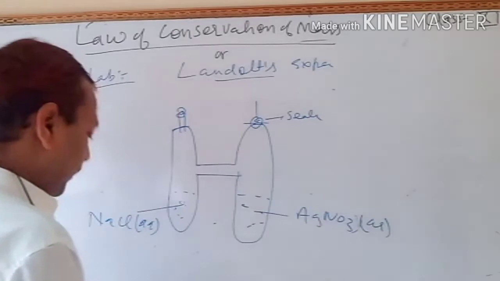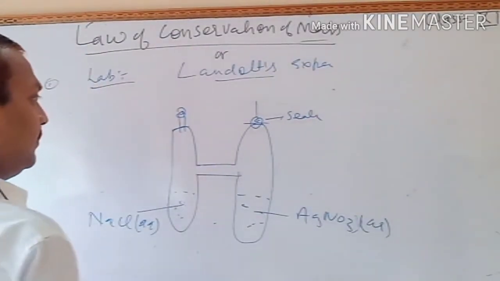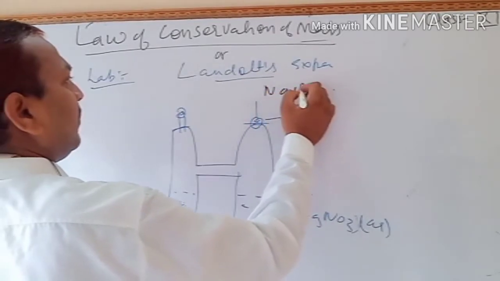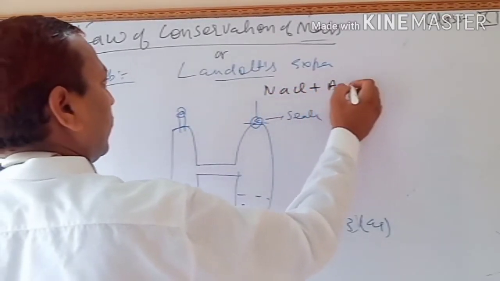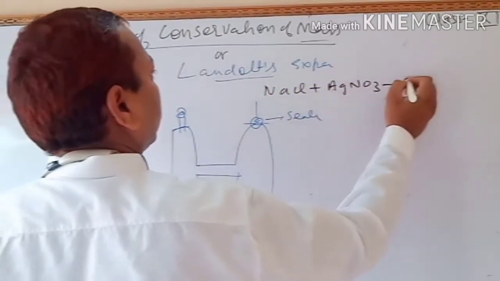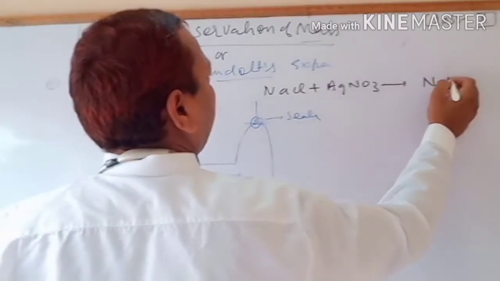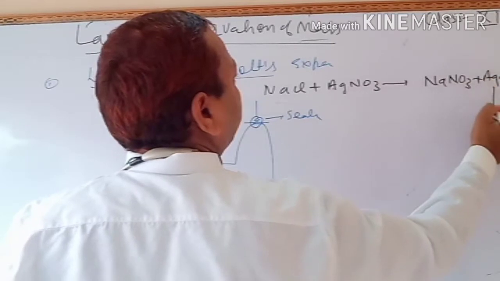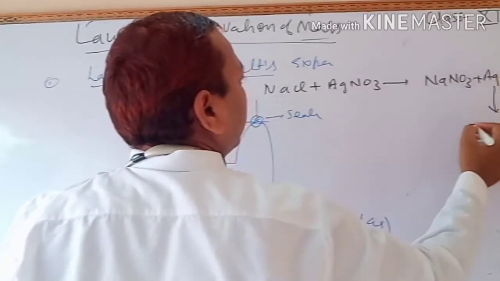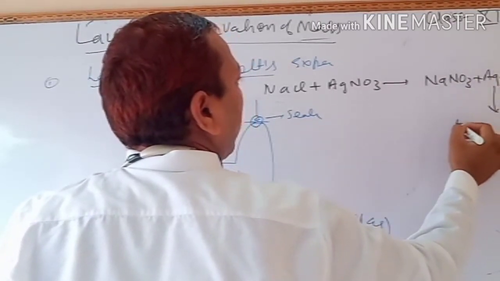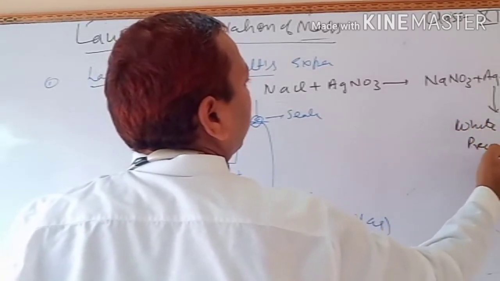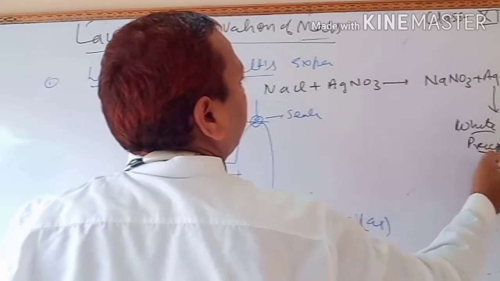NaCl plus AgNO3 gives NaNO3 plus AgCl. This is a sign of precipitation, a solid. So a white precipitate is formed.